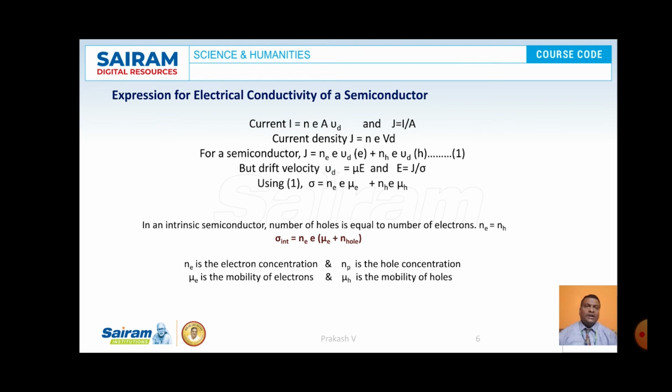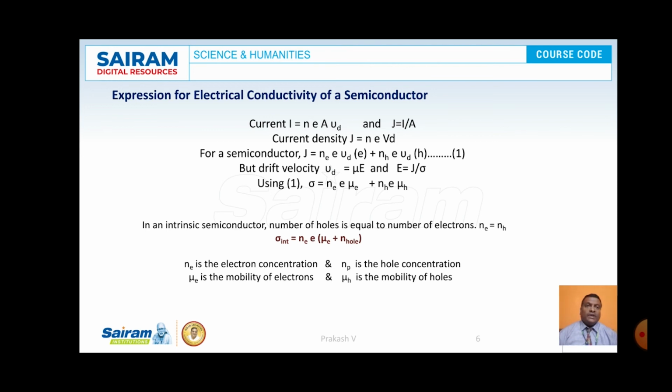The current passing through a semiconducting material is given by I = Ne·A·Vd, where A is the area of cross section, Vd is the drift velocity, N is the number of electrons per unit volume, and e is the charge on the electron. Further, the current density J = I/A, so J can be written as Ne·Vd. For a semiconducting material, J = Ne·e·Vde + Nh·e·Vdh.